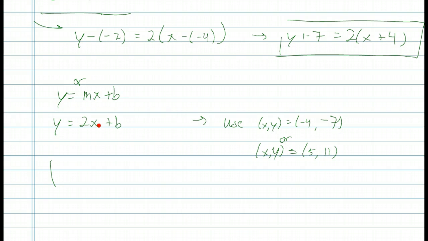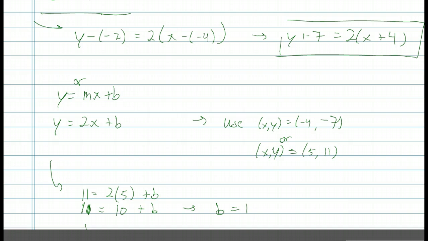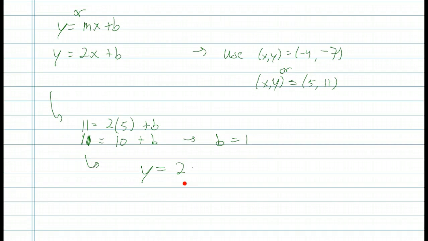The equation has to be satisfied. So just to avoid the negative, I'm going to plug in 5 and 11. So 11 for y on the left, 5 for x on the right. Simplify, you get 11 equals 10 plus b. Solve the equation for b by subtracting the 10 over, and you get b is equal to 1. So we conclude that our equation is y equals 2x plus 1. And again, that will be equivalent to the equation we found using the point slope form.